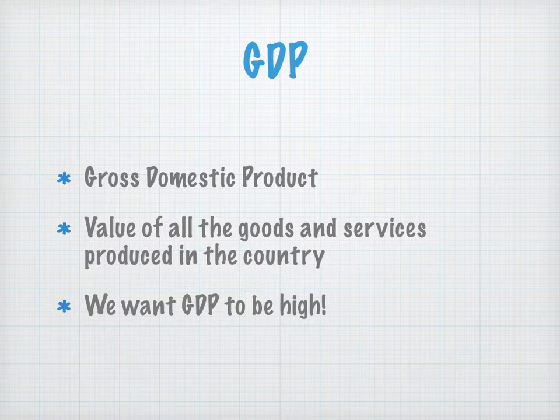So in a market economy like the United States, when consumers want to purchase, suppliers will produce goods and services for us to buy, and it is that production of goods and services which is GDP. But they're not going to produce goods and services that will not be consumed.